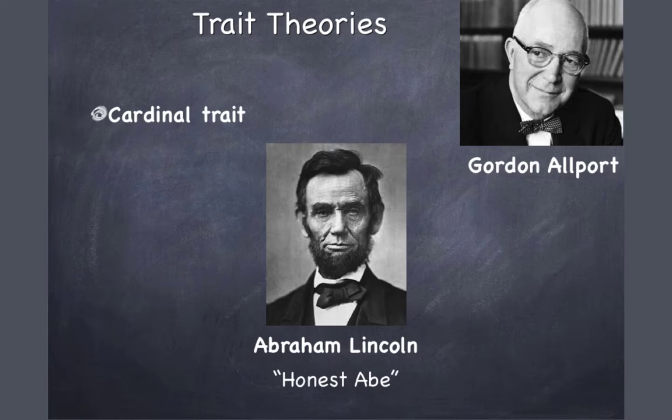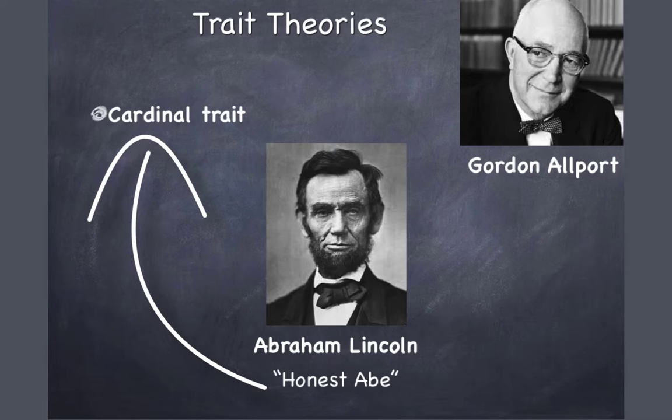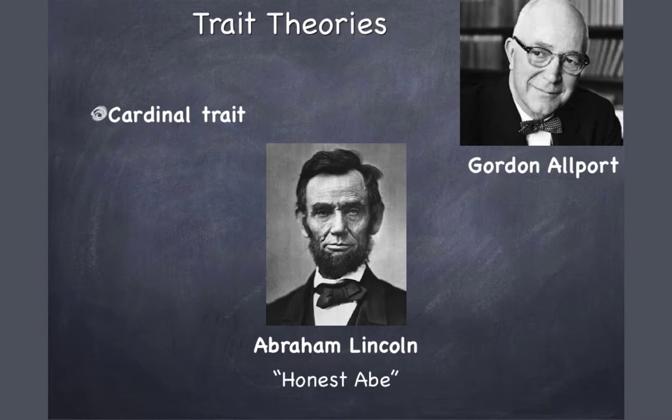Now, the picture of Abe Lincoln there, he's posted there because Abraham Lincoln was spoken of as Honest Abe, because of the honesty that he displayed as a young man. And so he became known as Honest Abe, and that became a cardinal trait. All through his life, he was known for and described as an honest person.